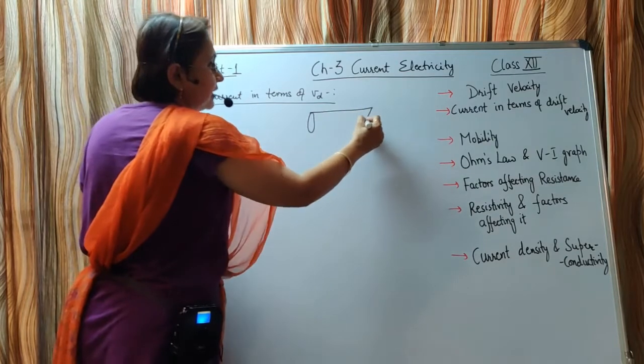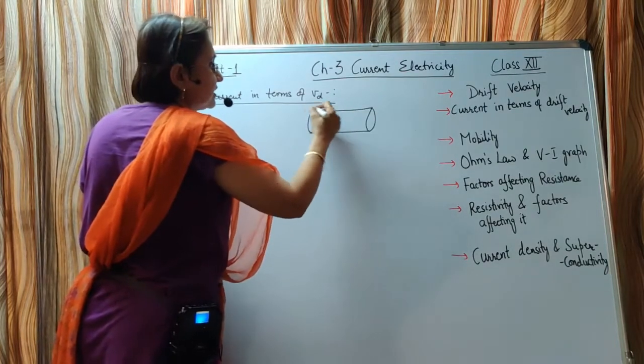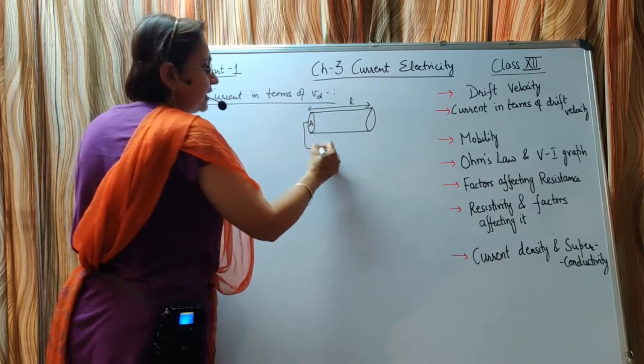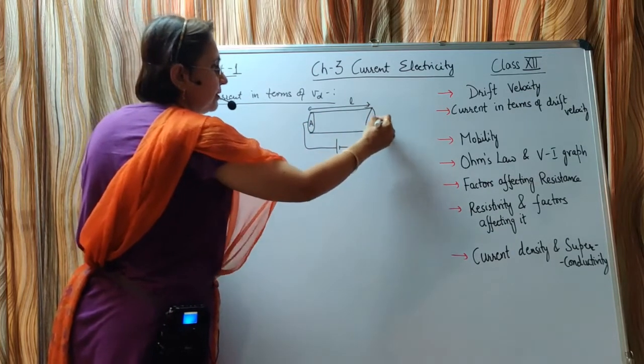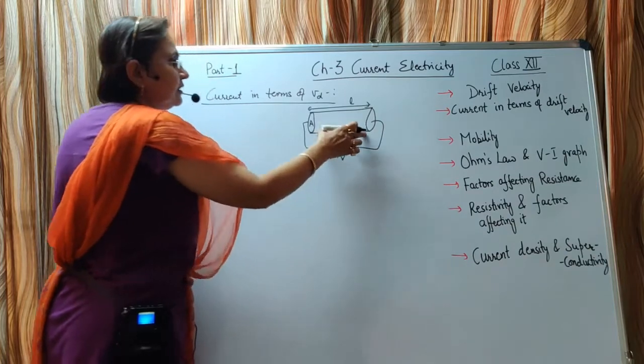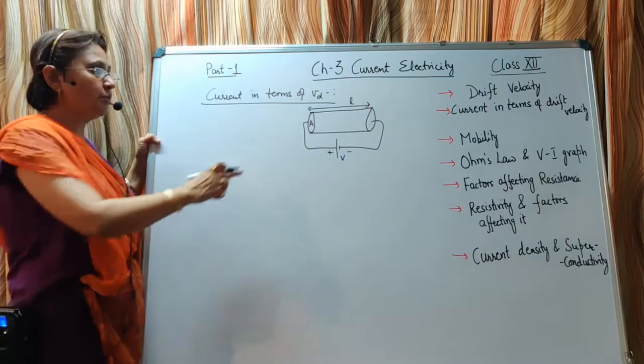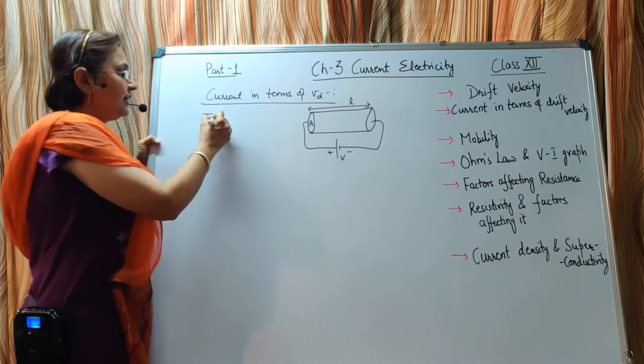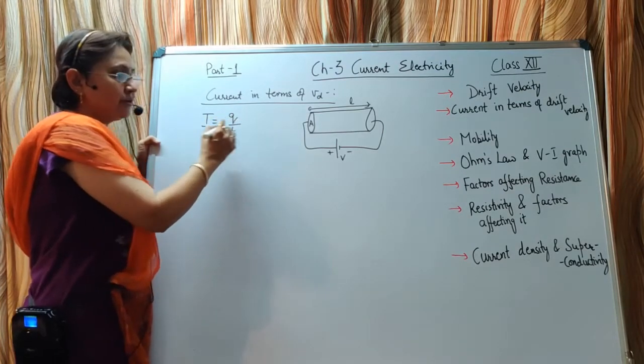The same conductor, whose length is L and cross-sectional area is A, is connected to the terminals of a battery such that the ends of the conductor are given a potential difference V. Now we know that current is equal to charge flown per unit time.